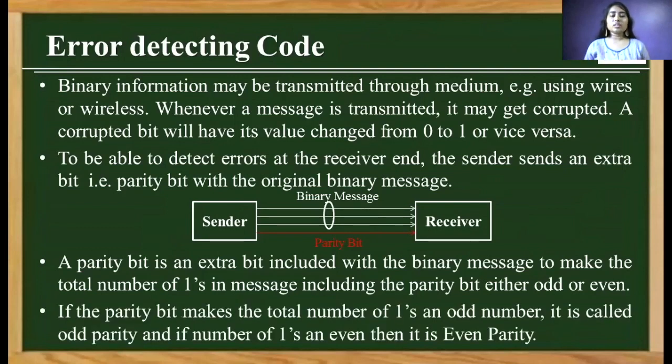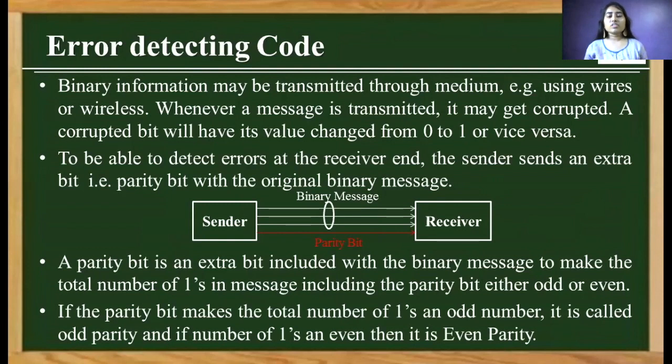If the parity bit makes the total number of ones odd, it is called odd parity, and if the number of ones is even, then it is called even parity. So here the sender sends a message with an odd number of ones or an even number of ones, message plus parity bit.